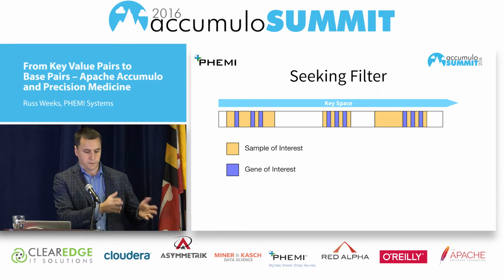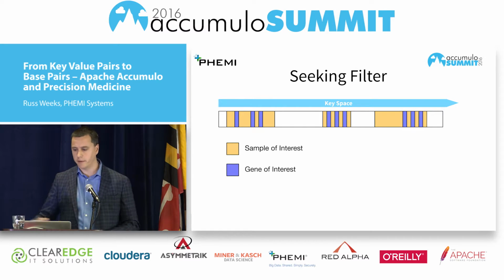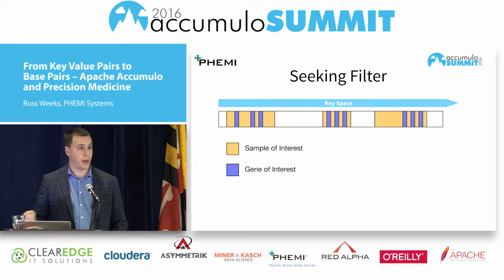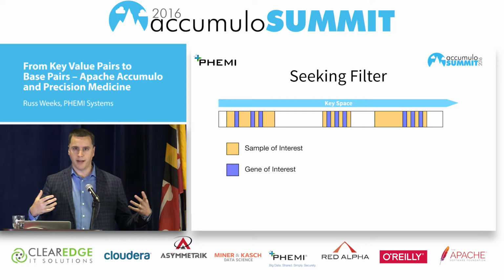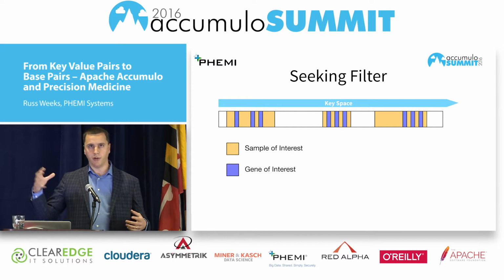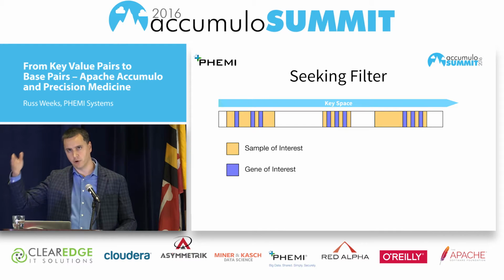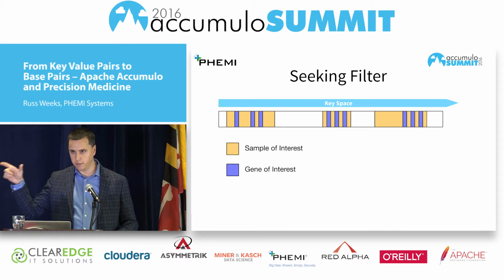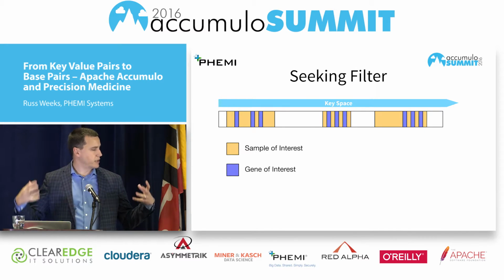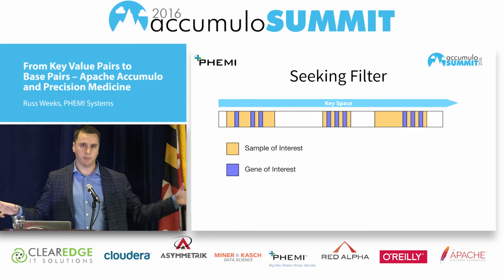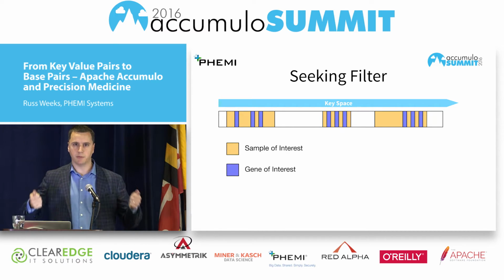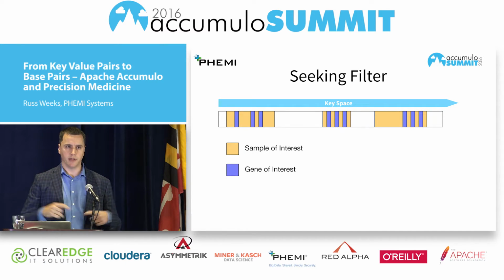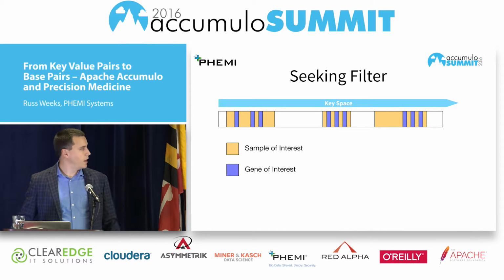If I have 50 genes that I know are correlated with stomach cancer, and I have 10,000 samples that I want to inspect, you could imagine, based on the key schema that we talked about, how you could take the product of the genes you're interested in, like chromosome 15, position 2 million to 2,100,000, which is one gene range potentially, and all of the samples that you're interested in, figure out the scan ranges, pass them into a batch scanner, and have it do the work. But that act of taking the product means that you can get an explosion in the number of ranges that you're interested in.